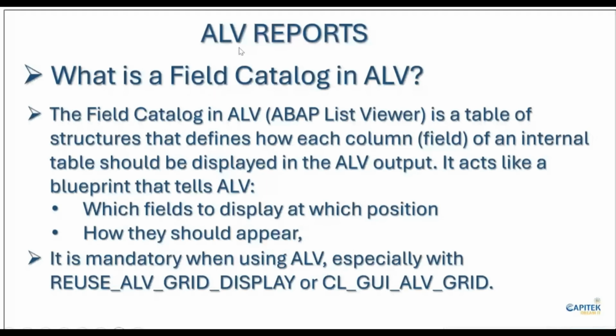Also, ALV reports can be populated using the object-oriented approach. We call that ALV classes. The transaction code for classes is SE24. So in SE24, you can go and see the class name. It is CL_GUI_ALV_GRID.